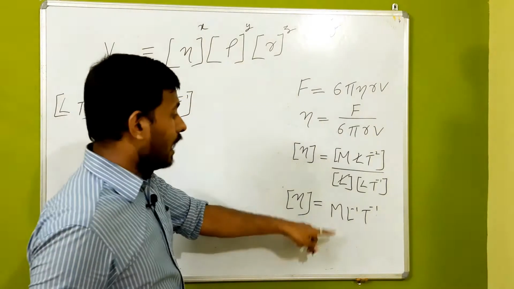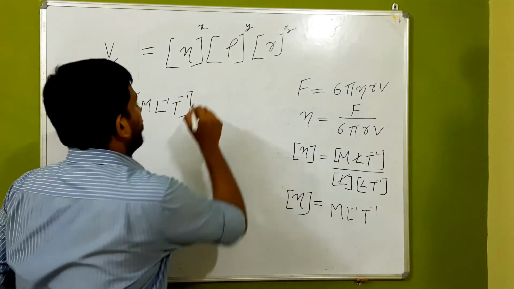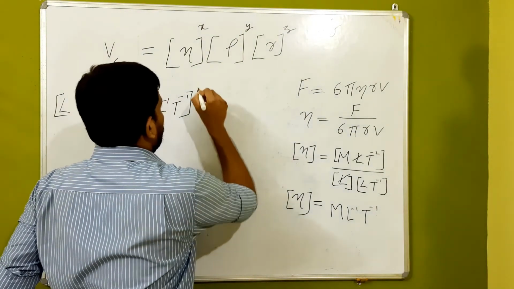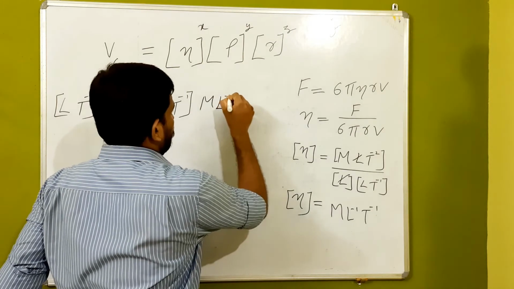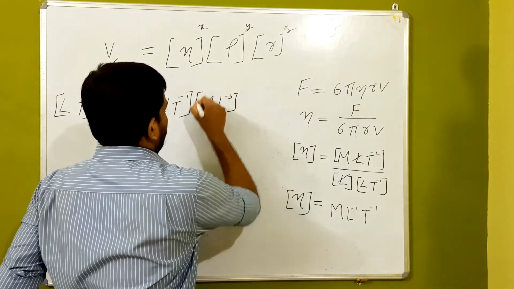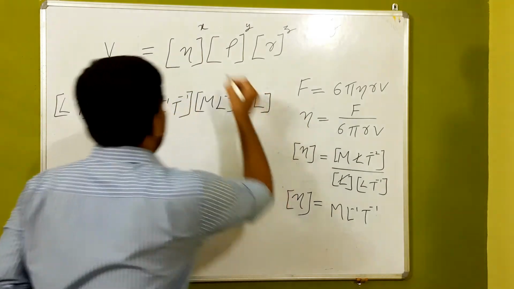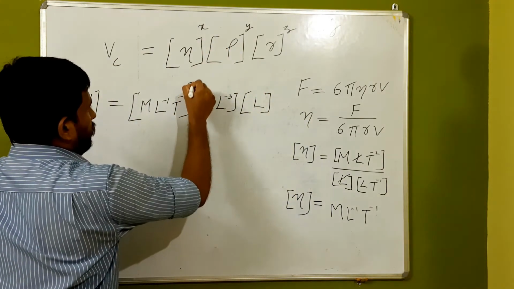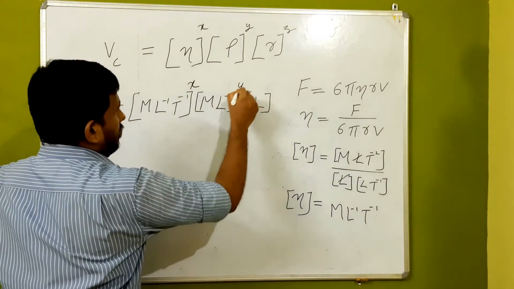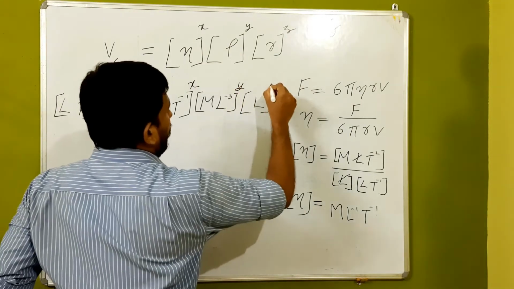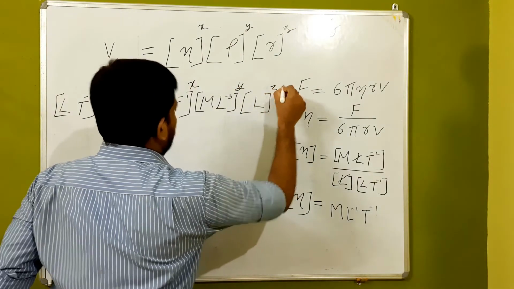And then we have density, that is M L raised to minus 3, and then we have length. Therefore, eta raised to x, density raised to y, and radius raised to z.